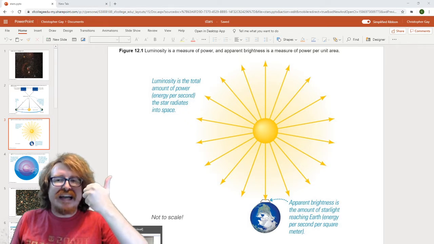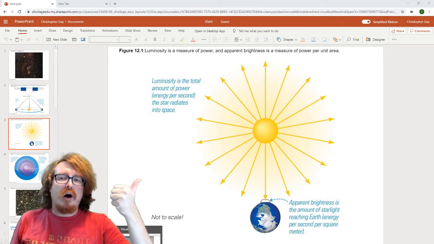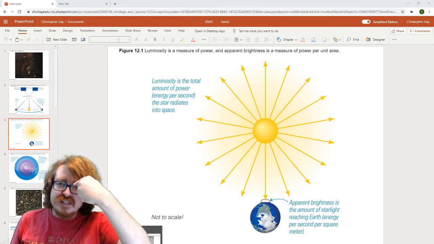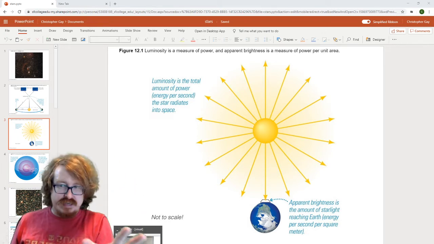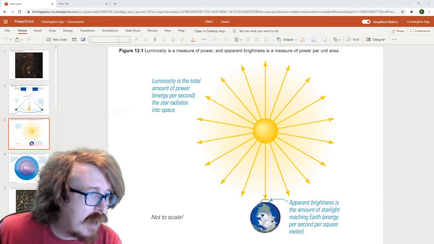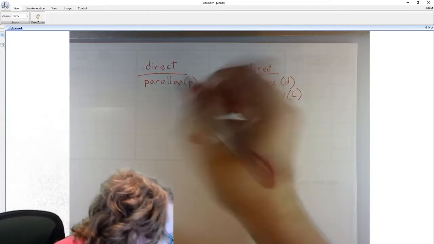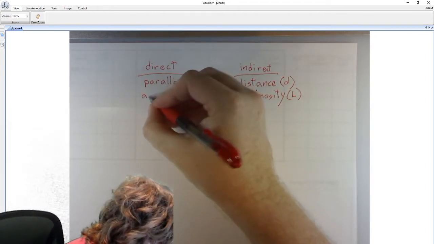So we call the light that goes out in all directions the luminosity, and we call the light that hits us the apparent brightness. Okay? The apparent brightness. So let me pop back up the lists. We're going to put apparent brightness over here in the direct pile.